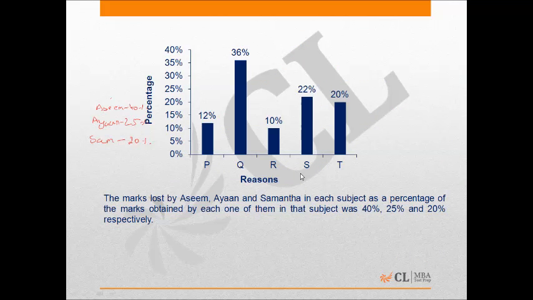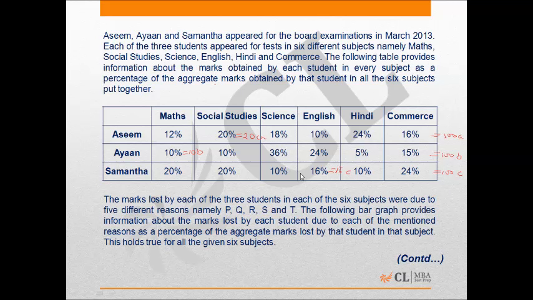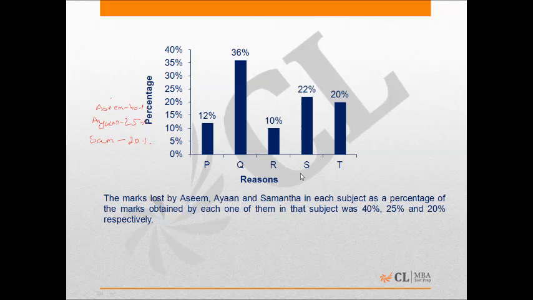Again, taking the example of Asim, the marks lost by him in social studies is 8A, that is 40% of 20A. So 8A can be broken down into these 5 things. That means 12% of 8A is lost by reason P, 36% of 8A is lost by reason Q, 10% of 8A is lost by reason R and so on.